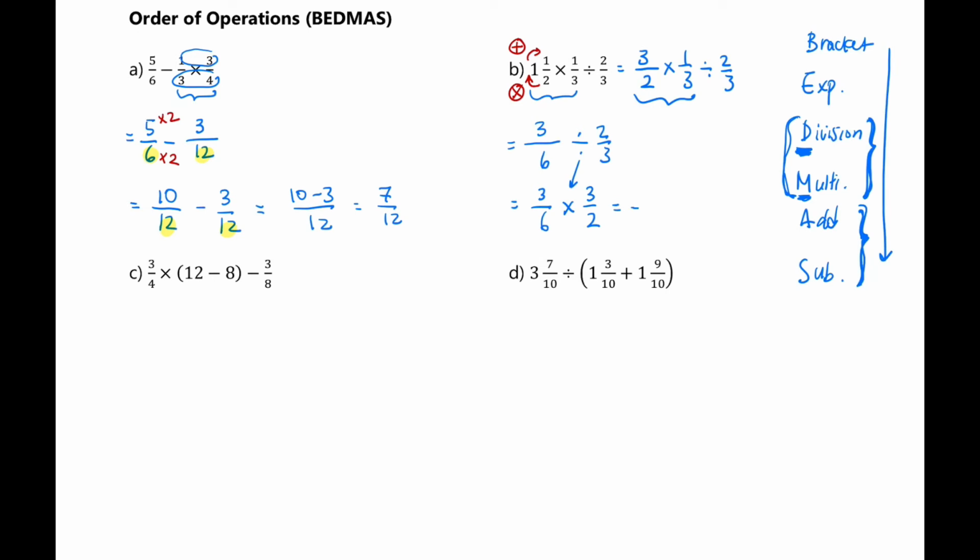And now we're going to complete this by multiplying the numerators together. So 3 times 3 is 9. Denominators together, so 6 times 2 is 12. And we can actually reduce this further. So let's do this divided by 3, 4. All right, so we have 3 over 4 as our final answer.